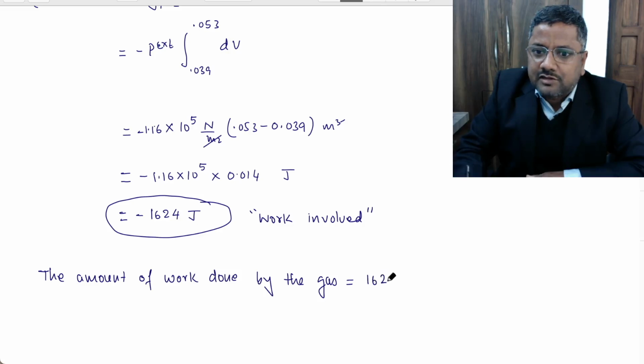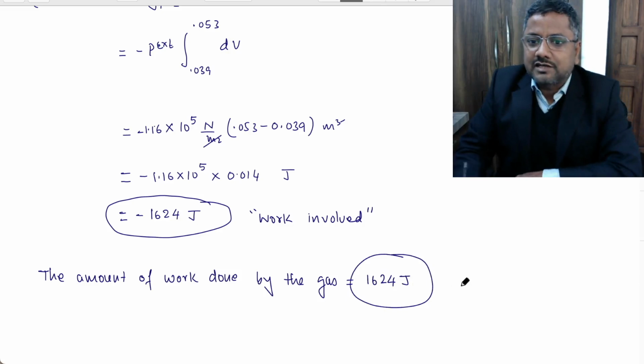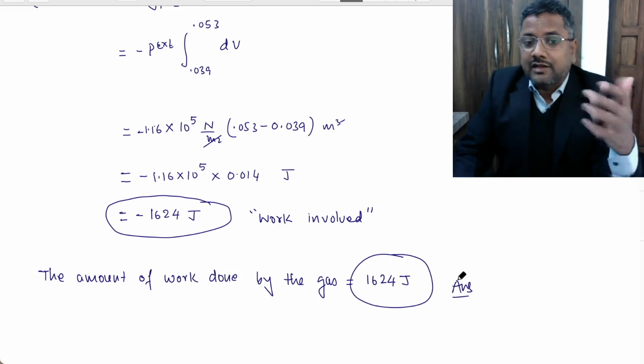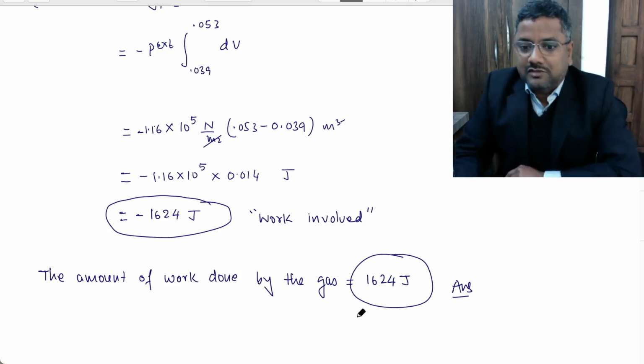So you have to write like this, 1624 joules, and this is the answer. But in the expression, whenever it comes into the expression, you have to use minus 1624, right?